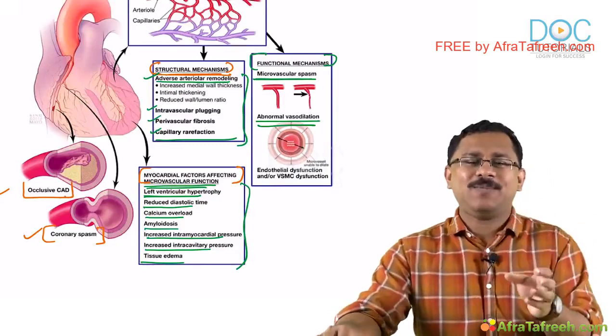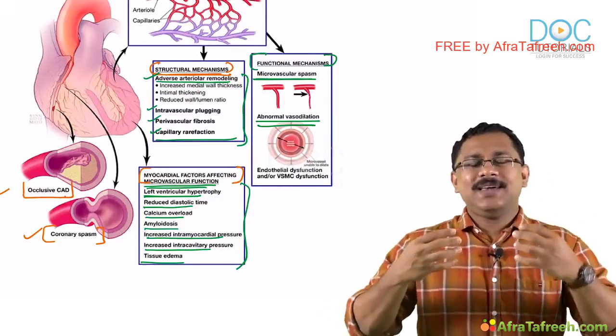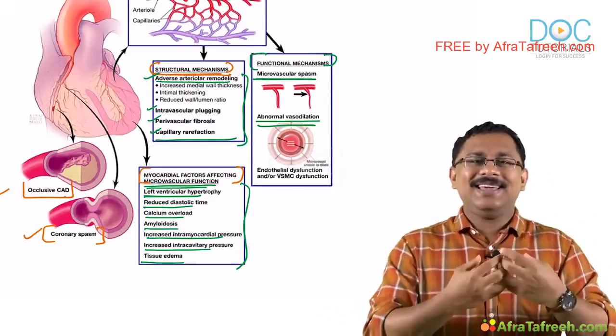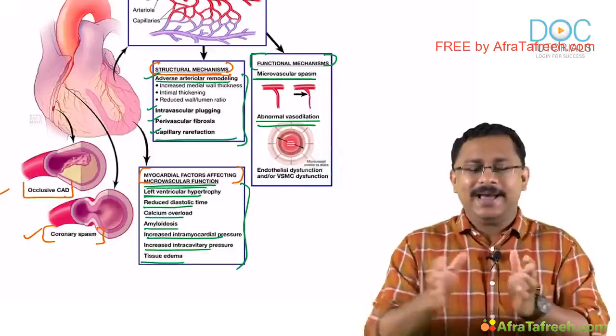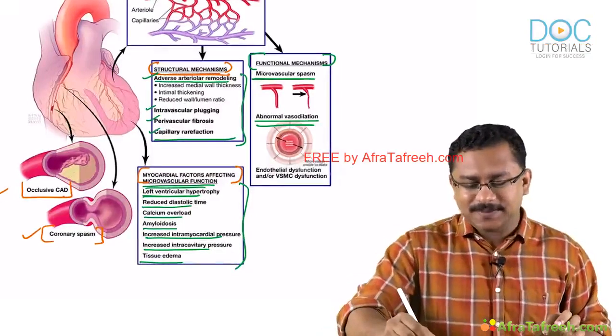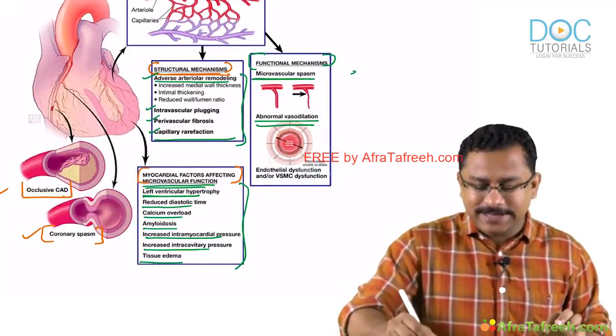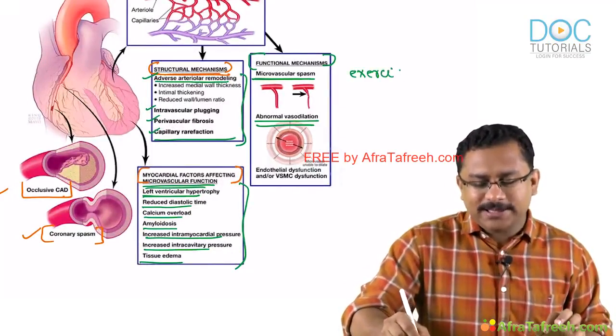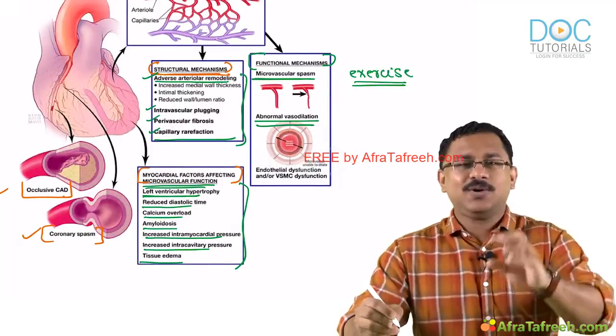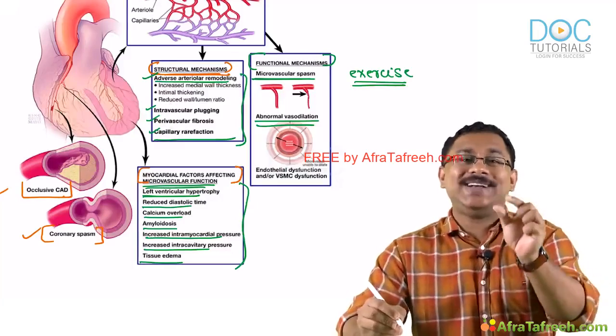What do I mean by abnormal vasodilation? It means that normally when there is an increased demand, as in case of exercise, what you normally expect is that the microcirculation vessels also should dilate.